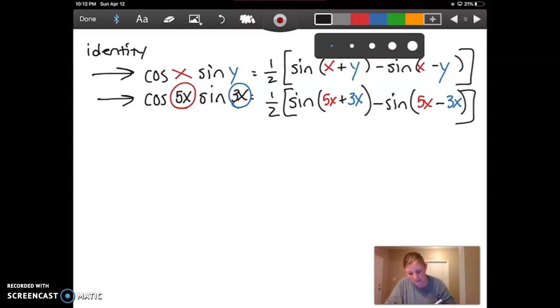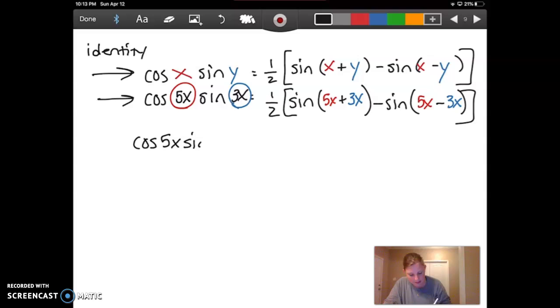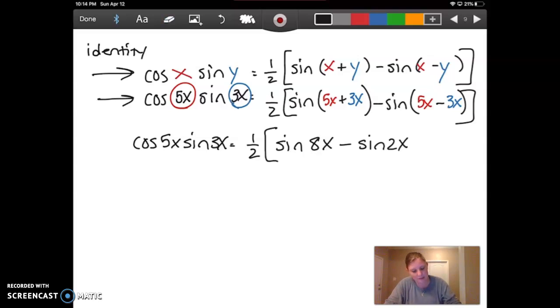Okay, so what we're going to do is simplify this. On the left-hand side, there's nothing to simplify. This is what we're solving for: cosine 5x, sine 3x. On the right-hand side, I bring down 1/2. Do not overcomplicate this. 5x plus 3x: if I'm adding those x's together, I have a total of 8x. 5x minus 3x, I have a total of 2x.